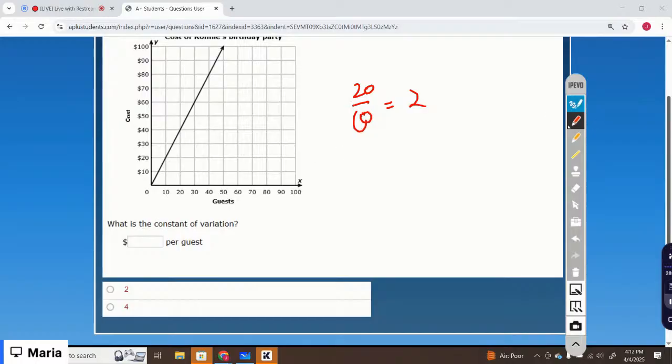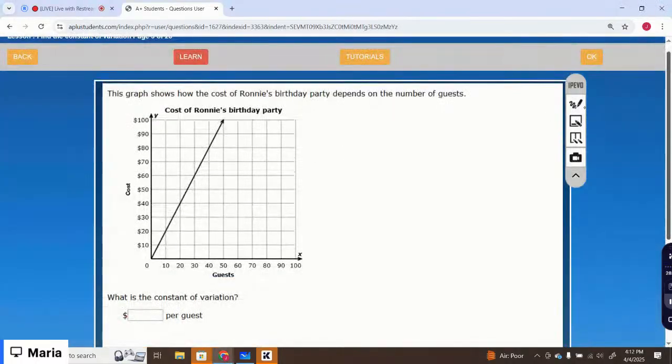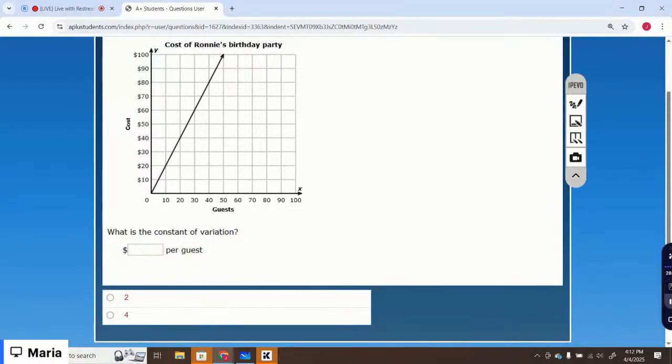So option number 1 is the correct option. The constant of variation is 2.